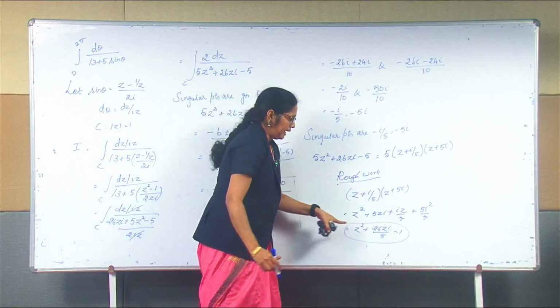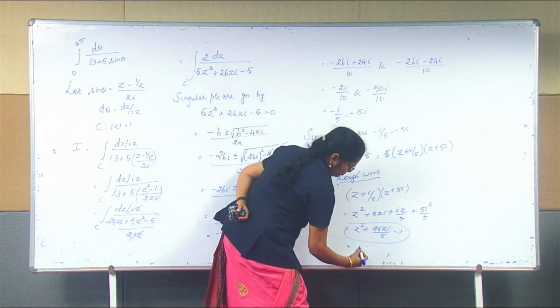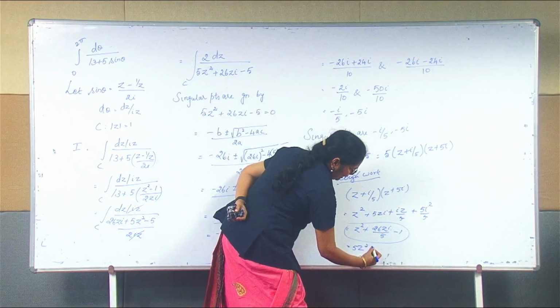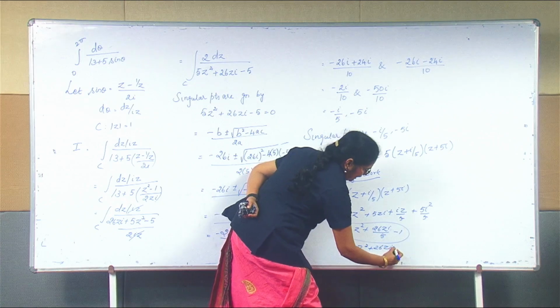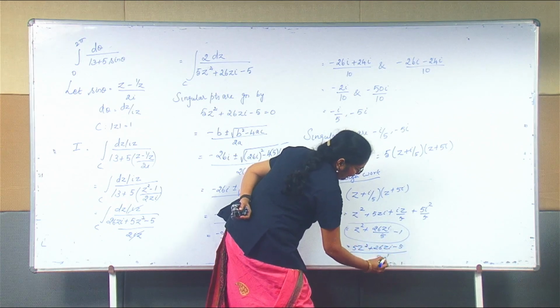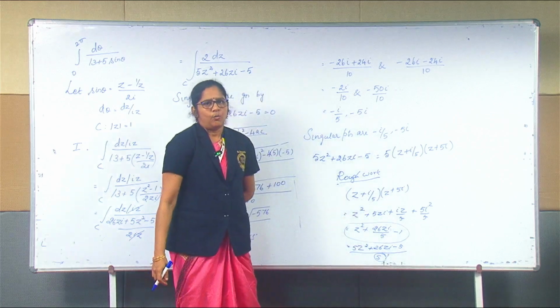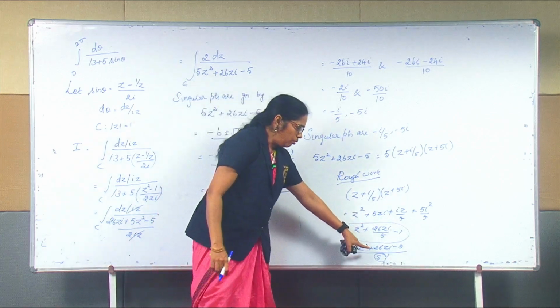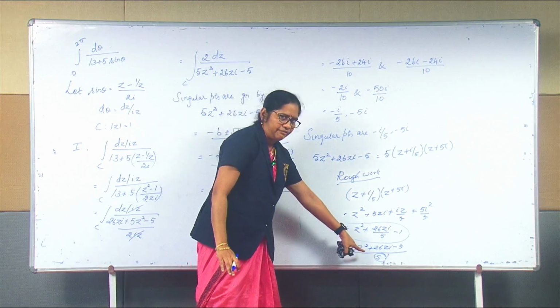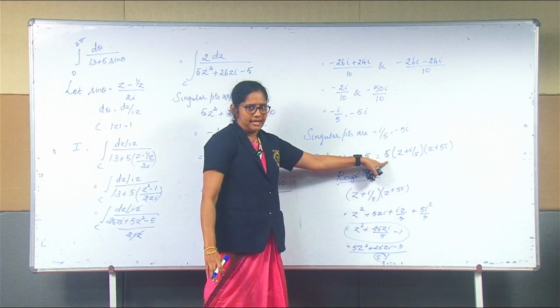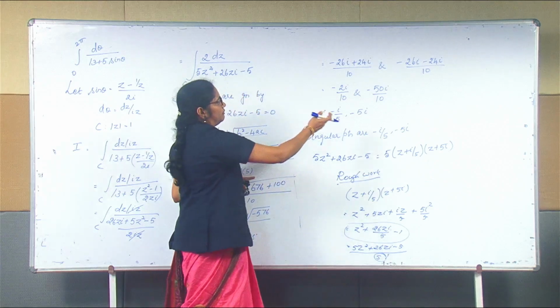If I take the LCM, 5z square plus 26zi minus 5, the entire denominator has 5. To equalize, that's why the 5 is added here. Why are we not getting this 5 here?